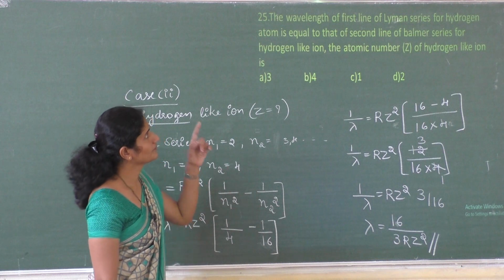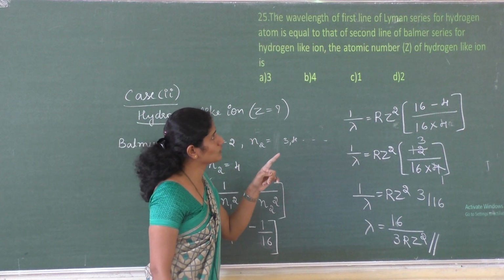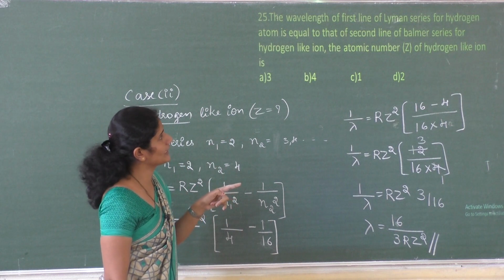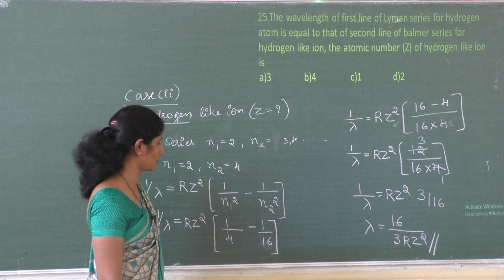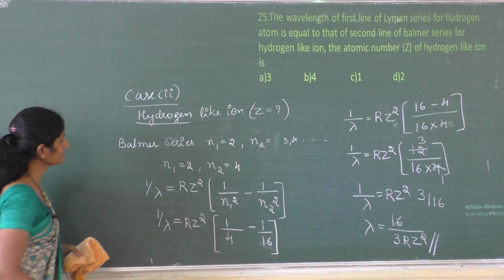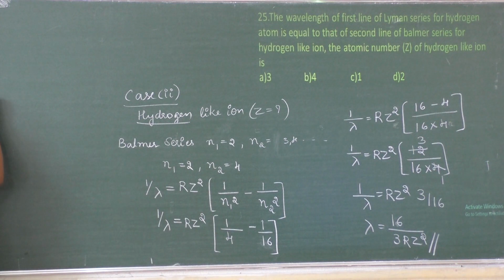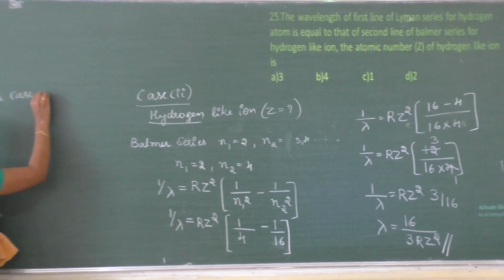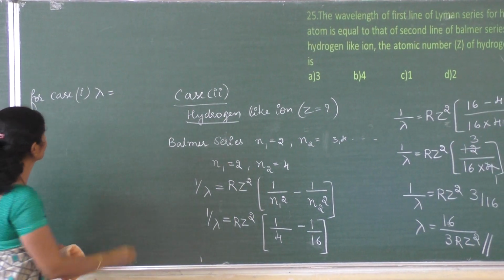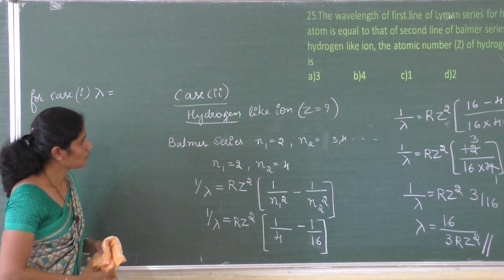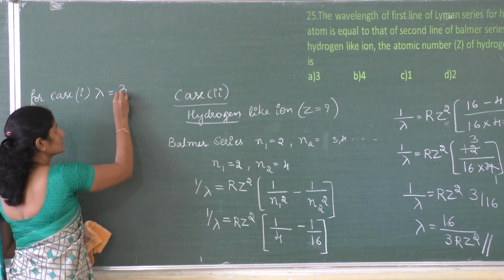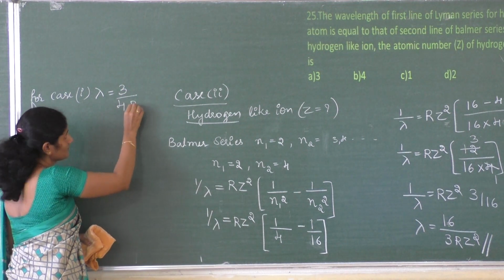The wavelength of first line of Lyman series for hydrogen atom is equal to that of second line of Balmer series for hydrogen like ion. So the wavelengths are equal. For case 1, what was the expression?